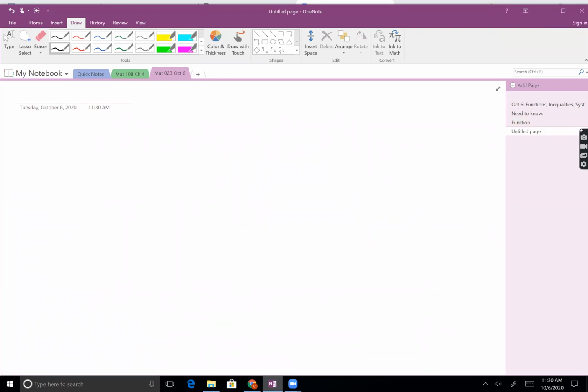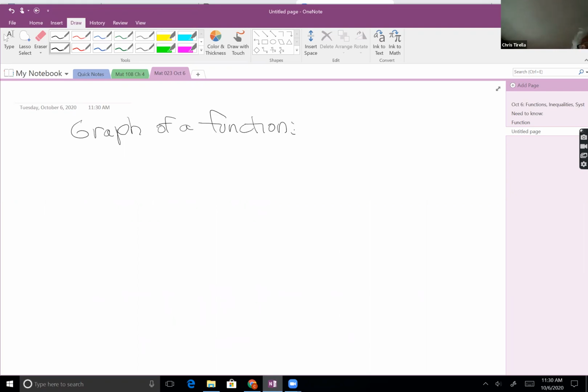I'd like to look at the idea of a graph of a function. The graph of a function is the set of points whose ordered pairs are in the function.